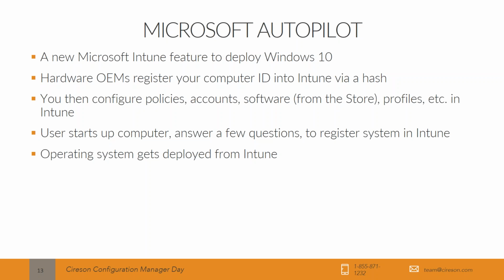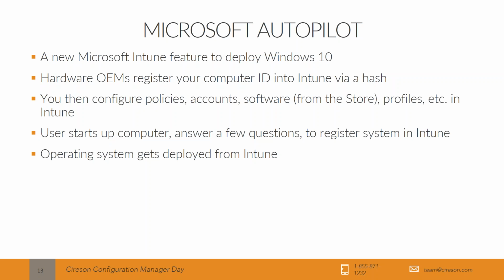So your hardware vendor would go ahead and register your computer ID into Intune via a hash for you. And then you go into the Intune console portal and you configure your policies, your accounts, what software you want to install from the store, your profiles, and so on through the Intune portal.